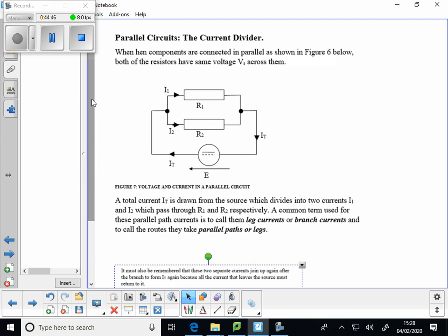What we're saying there is that anywhere we go from this wire to that wire, we measure the same voltage, E. So a total current IT is drawn from the source, which divides into two currents, I1 and I2, joined back into IT the other side. All of that current must be somewhere, and it must end up back at the other terminal of the source.